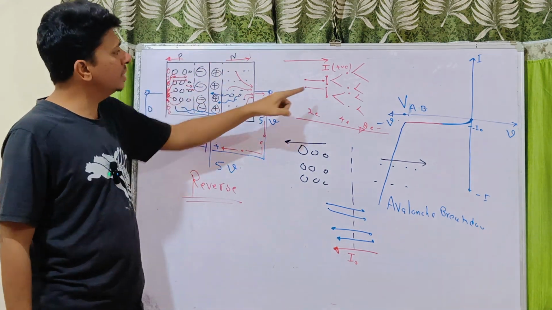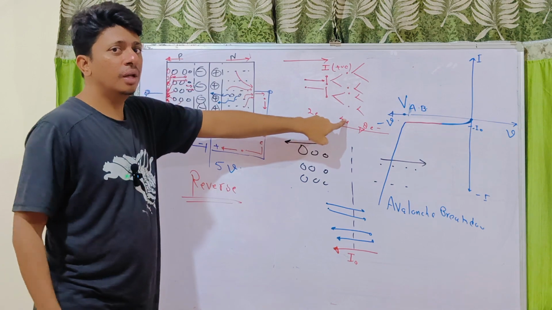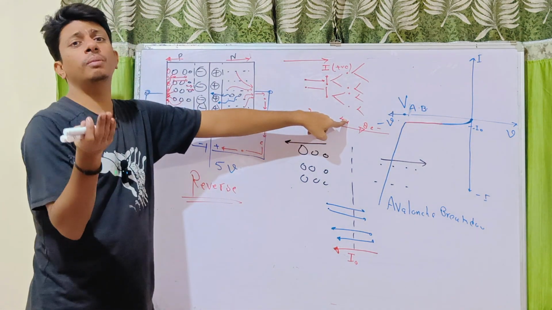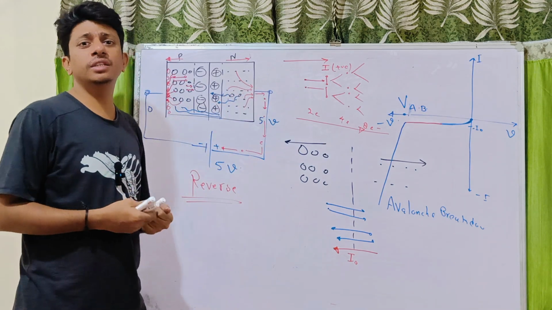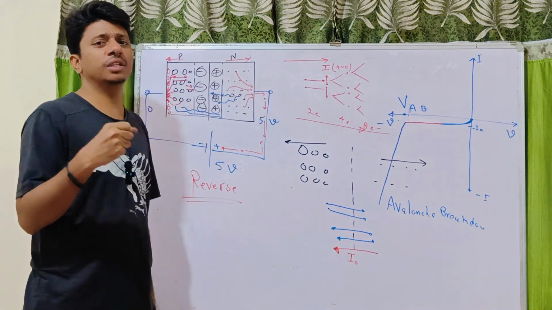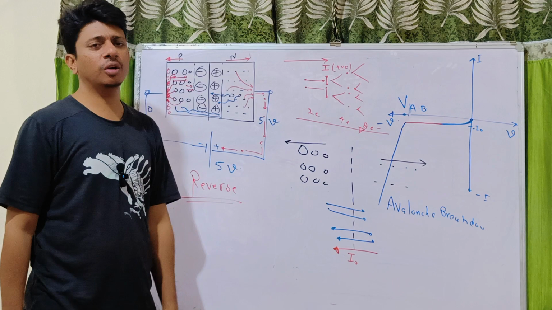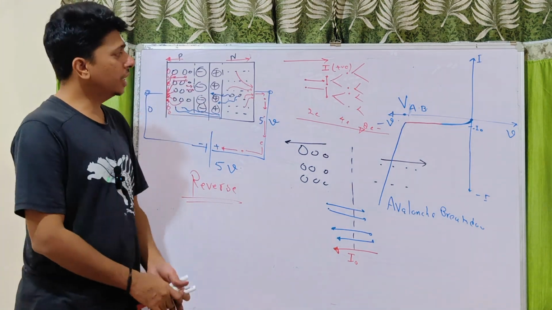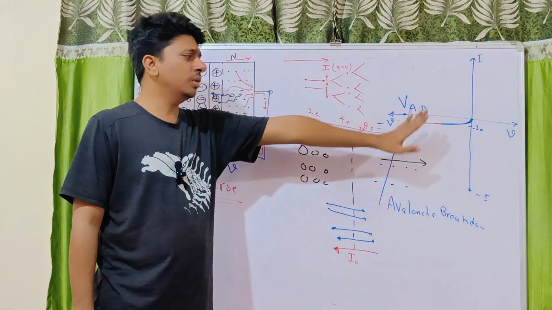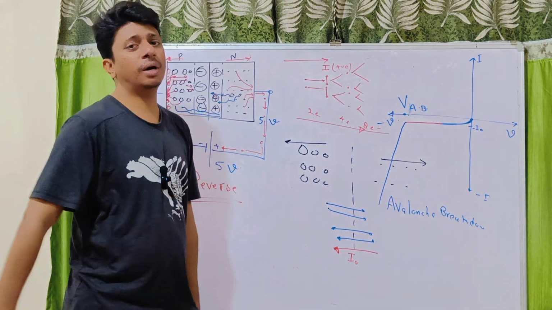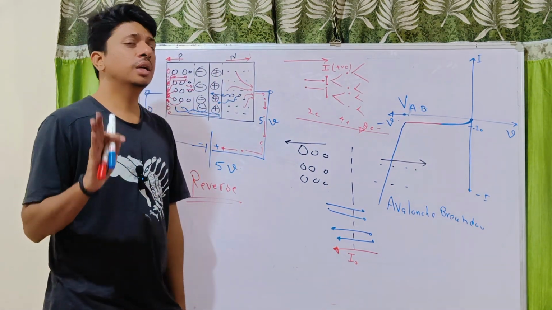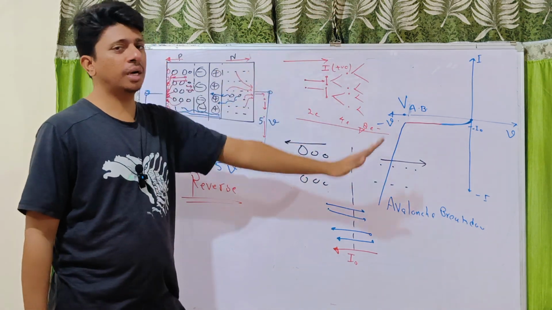These generated electrons will also attain a maximum amount of energy because of the applied voltage, and they will again start generating other electrons by breaking covalent bonds. This is called avalanche breakdown, this is called an avalanche diode, and this is the reverse bias characteristic of your diode, the reverse bias junction.